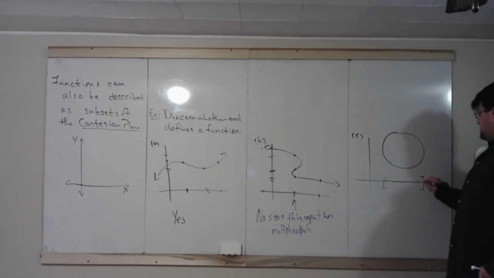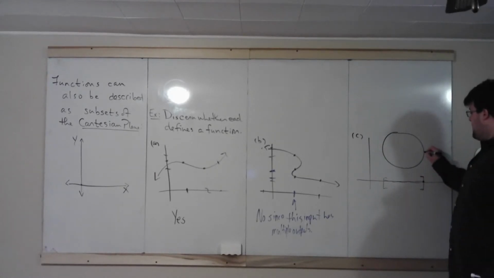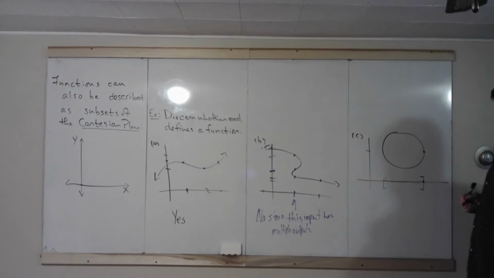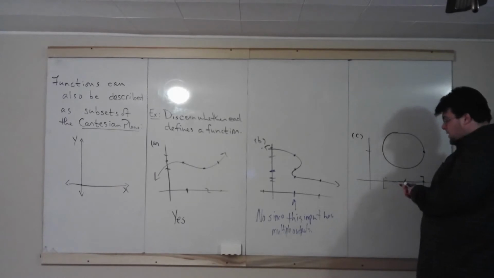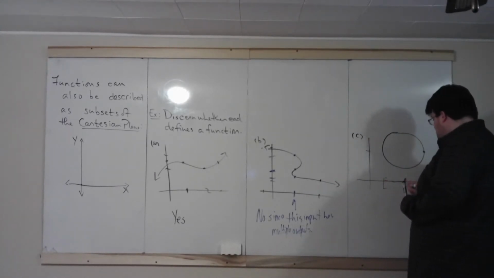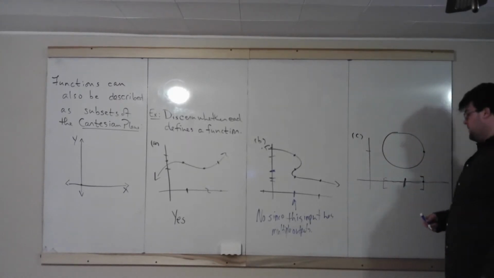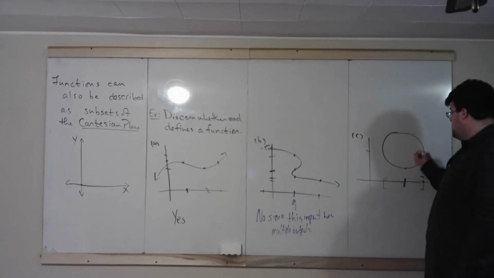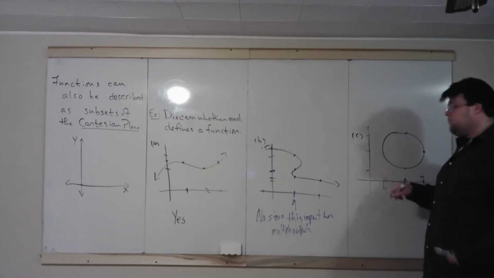What if we choose one of these endpoints of this interval? Well, that does have exactly one output. That's okay. But, I'll use blue again since I used blue in part B. But that input and any other input you choose within that interval, notice, has multiple outputs.